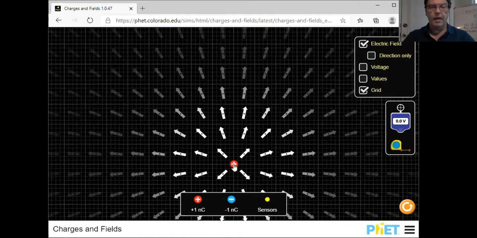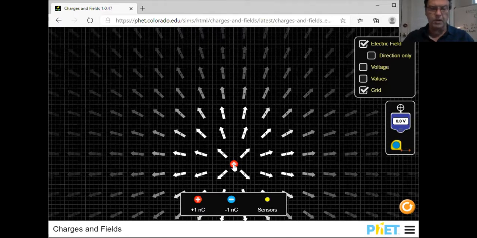And you notice that the closer you are to this 1 nanocoulomb charge, the greater the electric field strength is. You see that by the length of the vector, and they're all radially outward. As the vector moves further and further away, the length, the magnitude, gets smaller and smaller. And again, it's because of the 1/r² relationship.